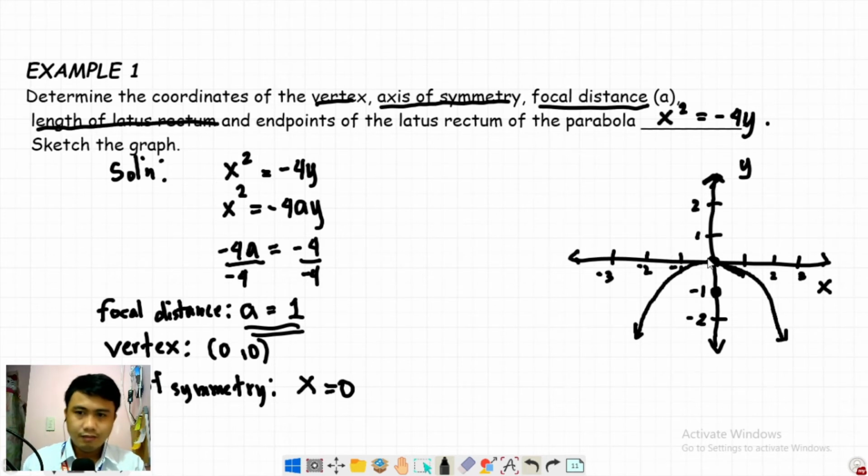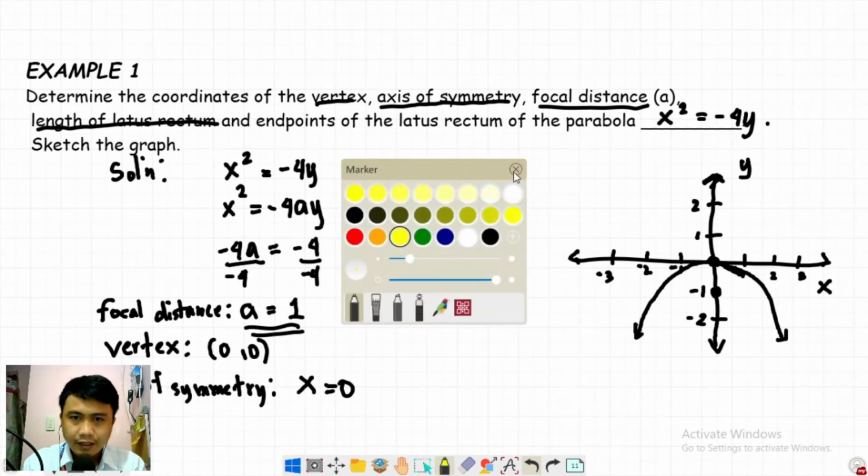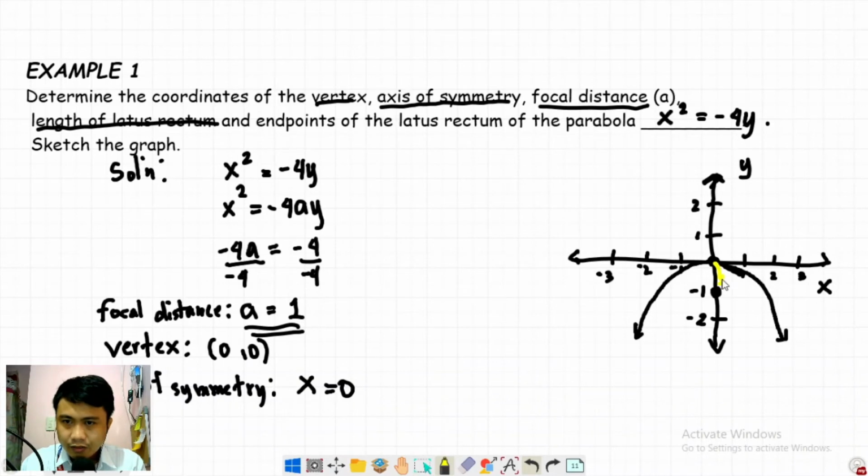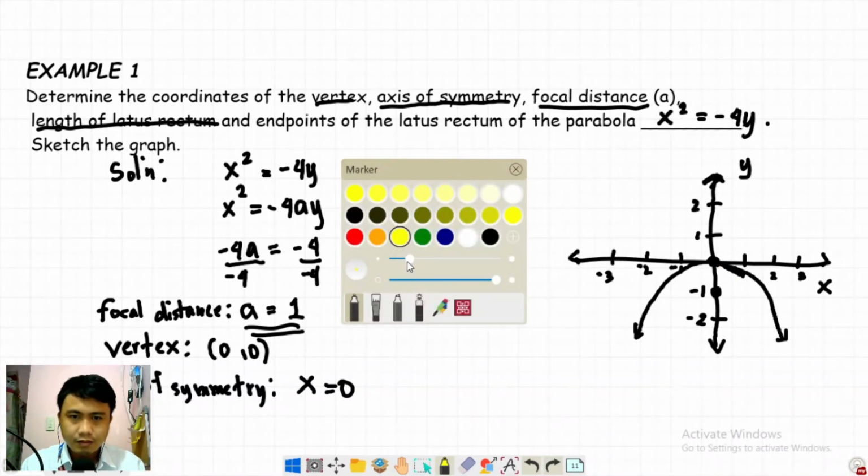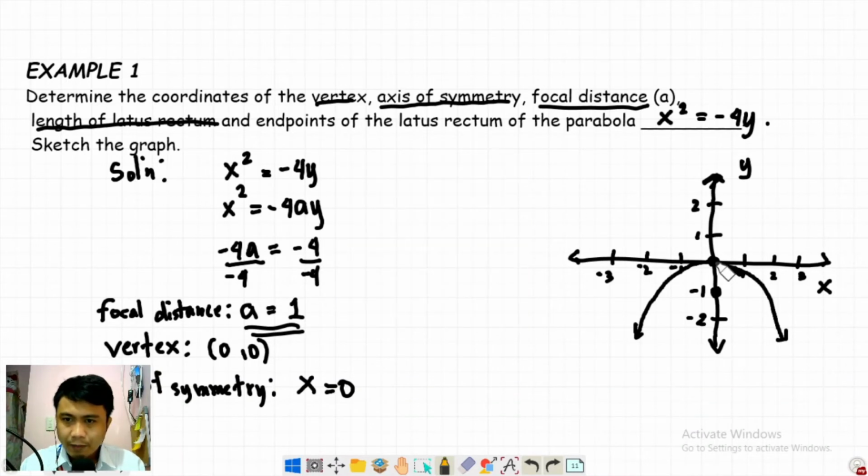At alam natin na ang ating focal distance ay 1. Ibig sabihin, this is 1 unit. Gamit tayo ng ibang kulay para makita natin. Sa part na nandito is 1. Okay, itong part na nandito, that is 1 unit. Vertex from the focus, ito yung focus po natin, it's 1 unit.